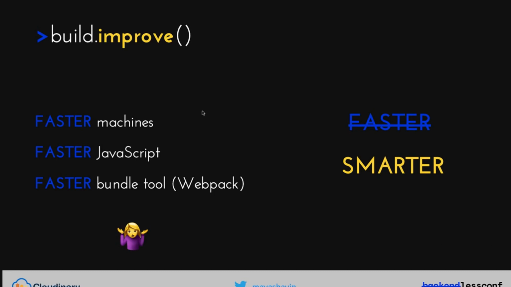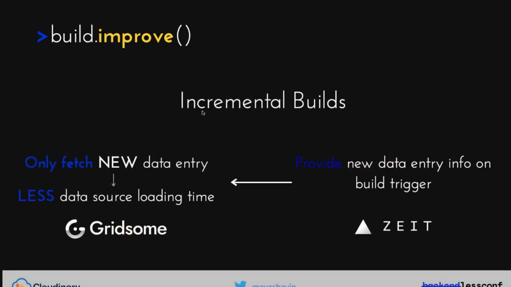First of all, one of the very common solutions we discussed among the community is to do incremental builds, which is the concept that allows the static site generator to cache and only build whatever changed or whatever is new.